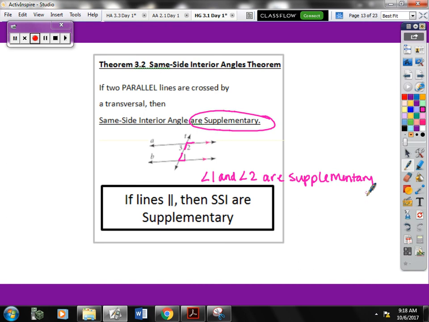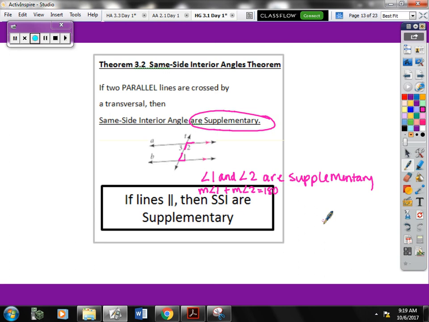If we know that angle 1 and angle 2 are supplementary, what could I conclude after that? What do I know about supplementary angles? Marquise? They sum to 180. So you could say the measure of angle 1 plus the measure of angle 2 equals 180. What would allow me to do that if I were doing a 2-column proof? What would I write in the reasons column, going from the word supplementary to the number 180?